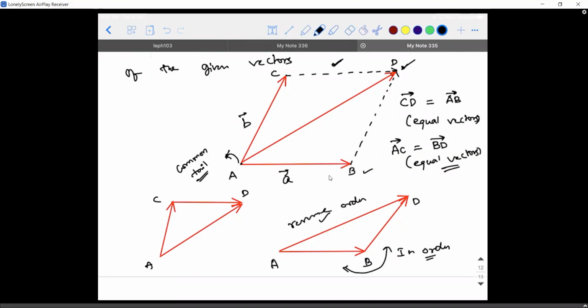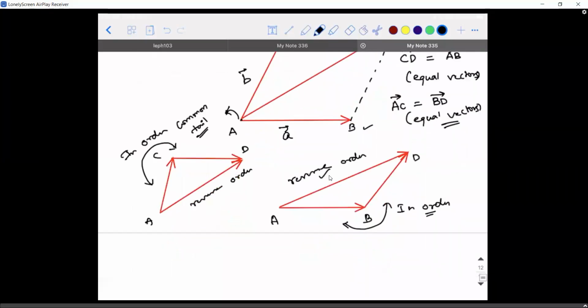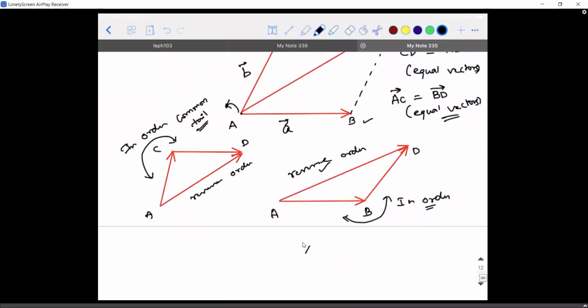What about the upper triangle? AC vector and CD vector are taken in order. Then AD vector is in the reverse order. If you observe, if I apply triangle law in both the cases, can I write AB vector plus BD vector is the same as AD vector?